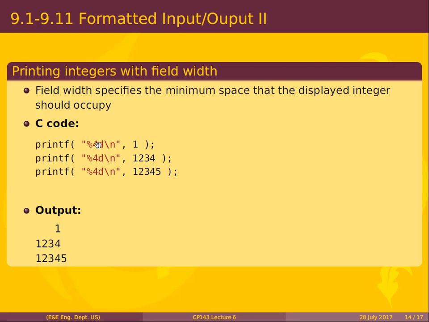Then we can say we've got 4 spaces at our disposal. This number is going to be printed right at the end of those 4 spaces. If we have the number 1234 and also 4 spaces, it'll use up all 4 spaces. And if it overflows, it's just going to overwrite like this.